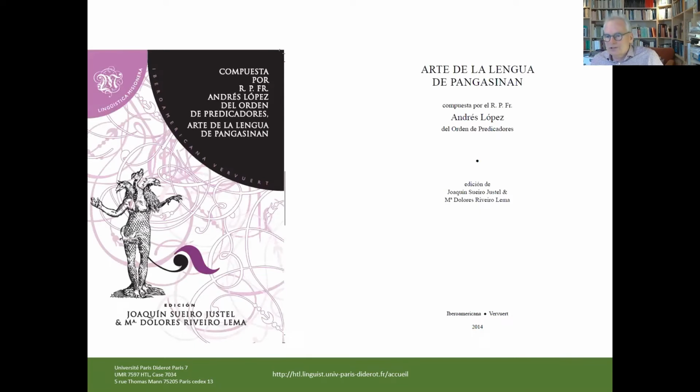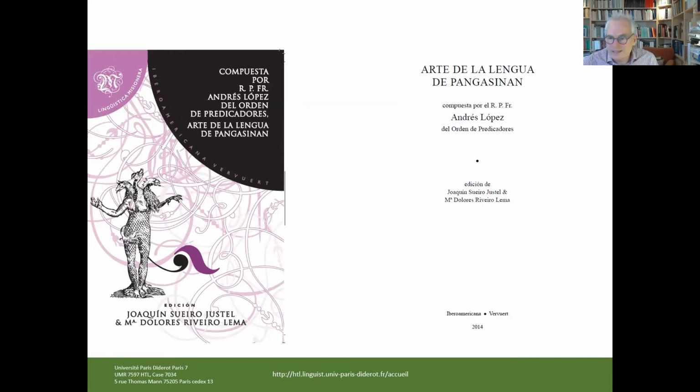Finally, I want to cite some results of a very interesting study of another Filipinian grammar from the lengua Pangasinan. It is from the 90s of the 17th century, and this is from the editor and also the author of the very large introduction, Joaquín Sueiro Gustel and María Dolores Ribeiro Lema.